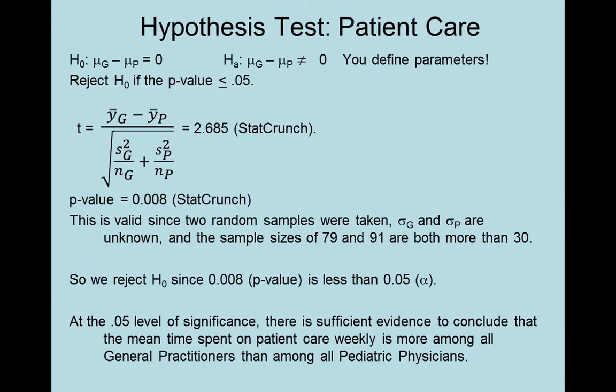So at a 0.05 level of significance, there is sufficient evidence to conclude that the mean time spent on patient care weekly is more among all general practitioners than among all pediatric physicians. So that's another example of a t-hypothesis test to compare two groups with quantitative data.